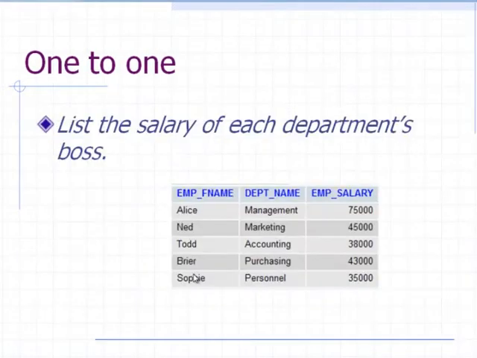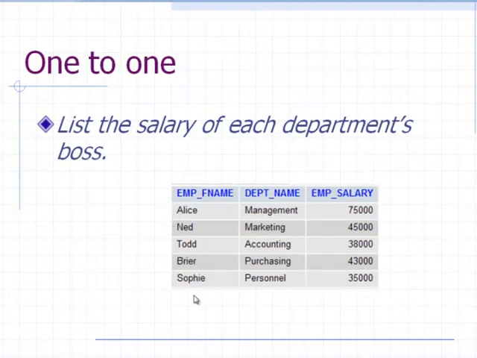Using these two tables, we will run some practice queries. For the first practice query, we want to ask one question developed based on the one-to-one relationship. The one-to-one relationship is that each department has one manager, and here we want to list the salary of each department's boss. We have 5 departments, and for each manager, each boss, we want to list this employee's first name.